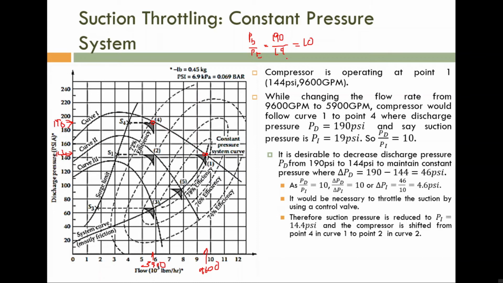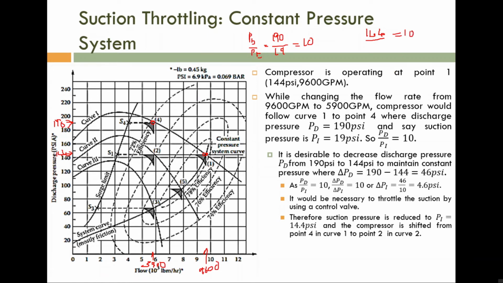Now we want to maintain the discharge pressure at 144 psi. Please note, if flow rate remains at 5900 gallons per minute, the compressor ratio will be 10.